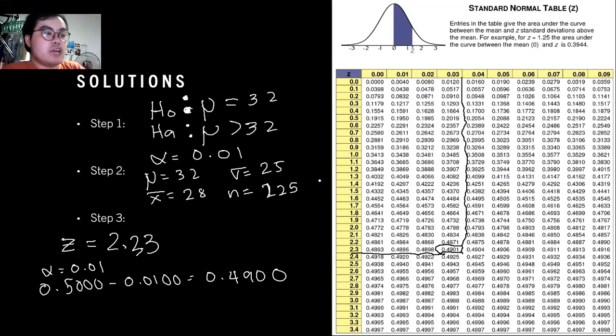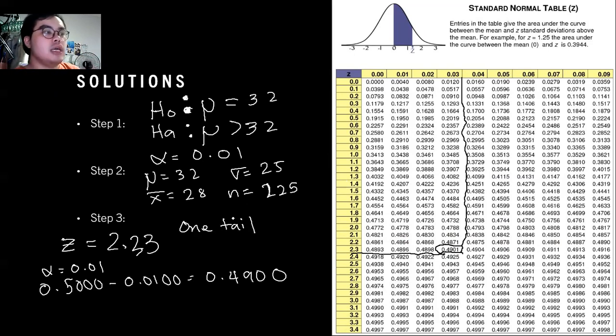Why didn't we divide by 2? Because this is one-tailed. Keep in mind that if it's greater than or less than, higher than or lower than, taller than or shorter than, bigger than or smaller than, we use a one-tailed test.